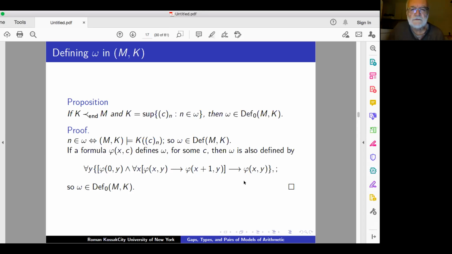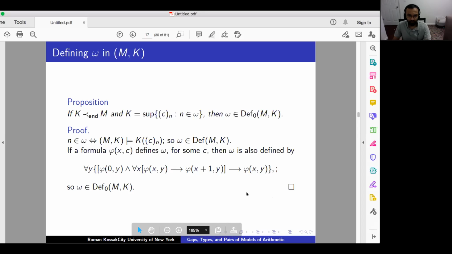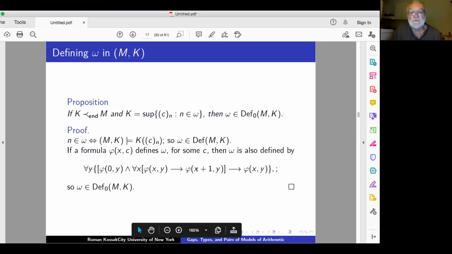I think it should be fine. You're saying that X must belong to all those sets. Right, it is fine. X must belong to all those sets. So in particular, it belongs to the one that's defined by this particular C, so it must be in omega. And it cannot be anything less than omega because it's closed under successor. Okay, so that you get your definition of omega.